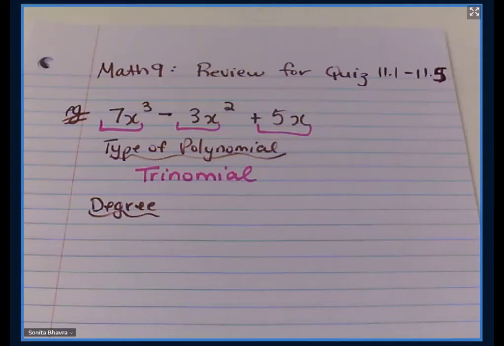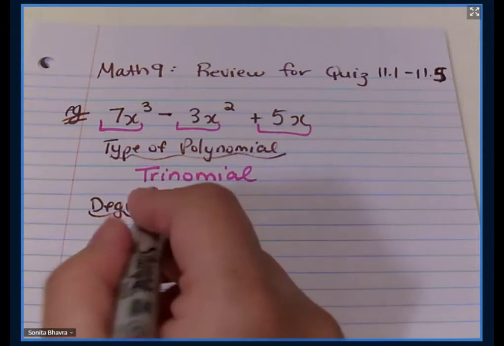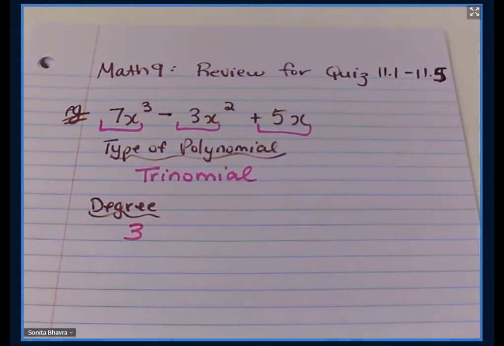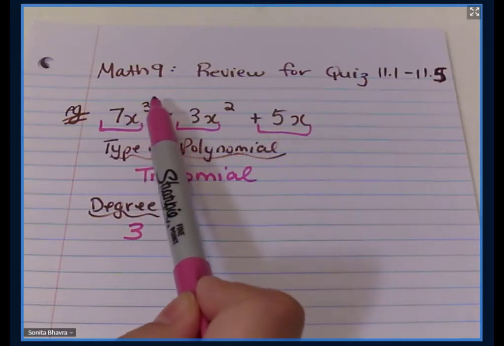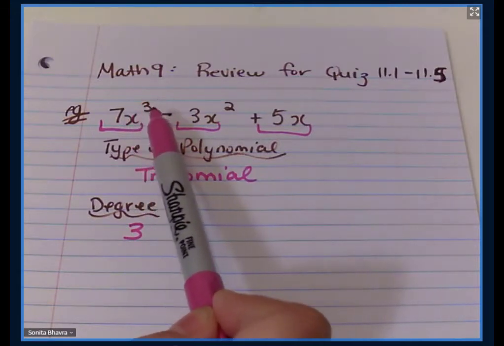Sometimes you'll get examples where the term may have more than one variable. So in that case, it's the greatest sum of the exponents in any single term, and that will give us the degree. All right, but this is a degree of 3, because the largest exponent is a 3.